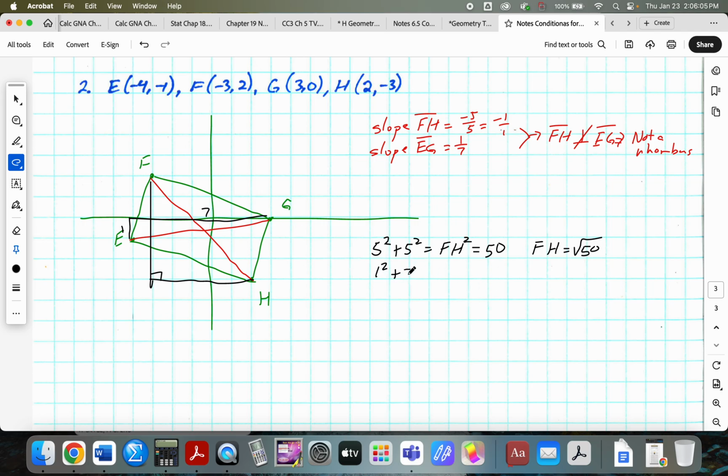So I've got 1 squared plus 7 squared is equal to EG squared. Well, that's 1 plus 49, that's also 50. So EG is the square root of 50. That means that FH is congruent to EG. And a parallelogram that has congruent diagonals is a rectangle.